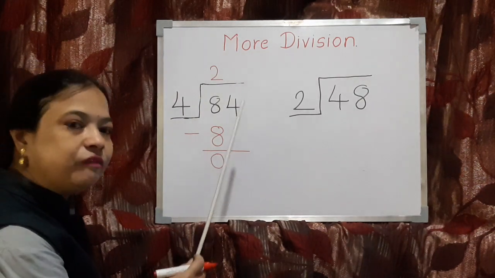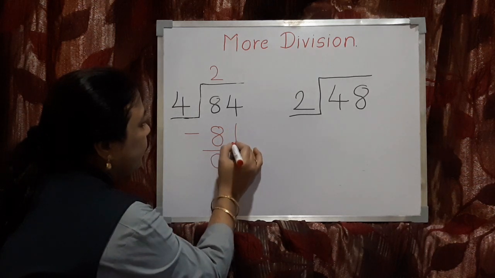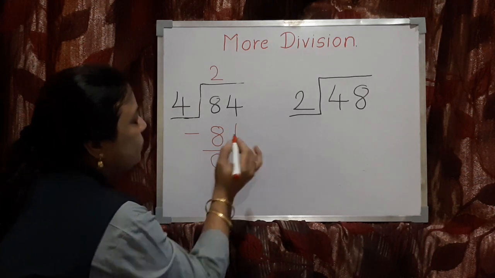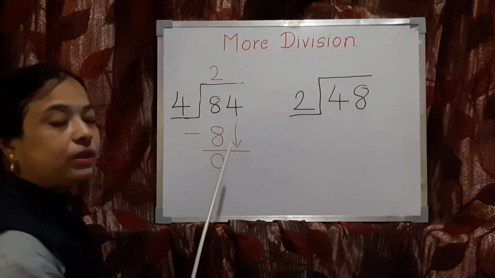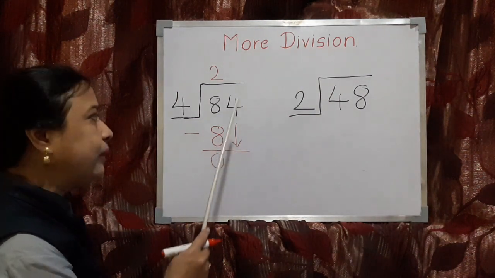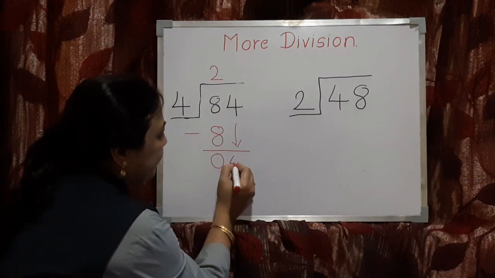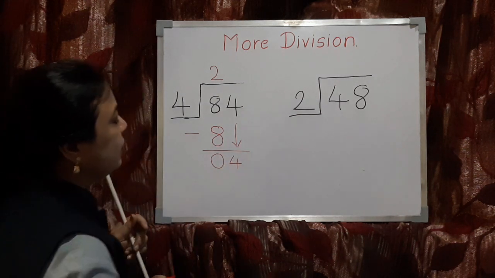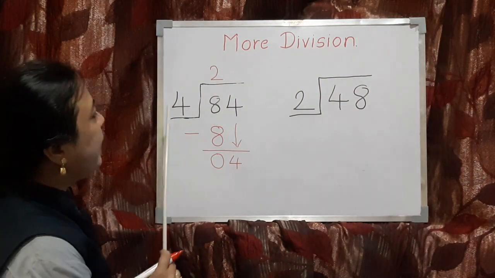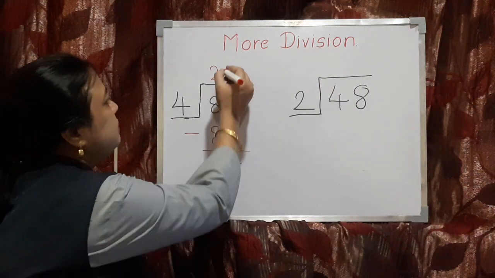Now the turn is of the second number. So this 4 we will bring down. We have to show the arrow like this way. We have to show the arrow in our sum. In your book also you will show the arrow and you will show that you had put down the 4 here. You have taken down the 4 in the second step. Now in the 4 table when 4 comes, 4 ones are 4.